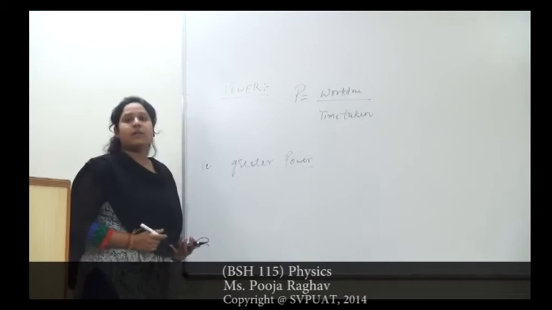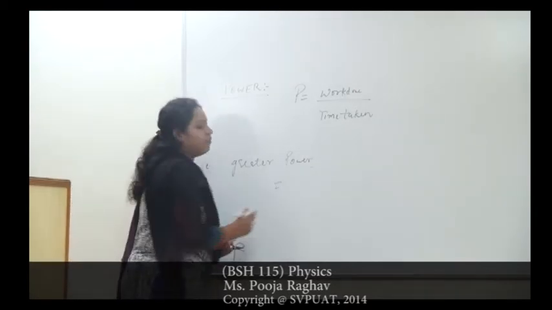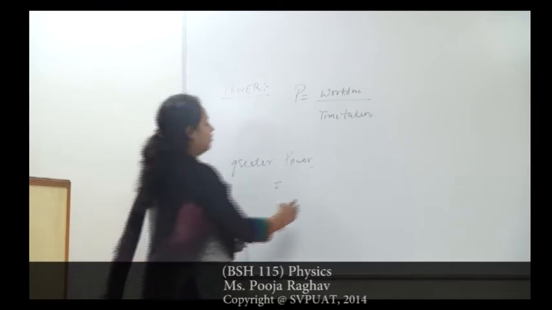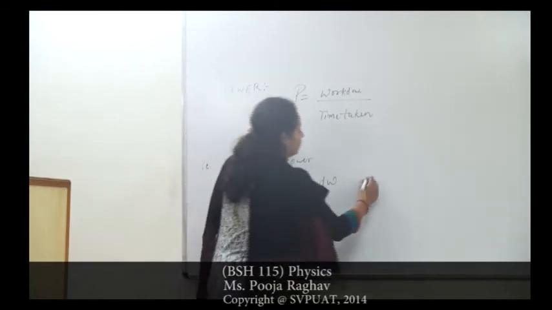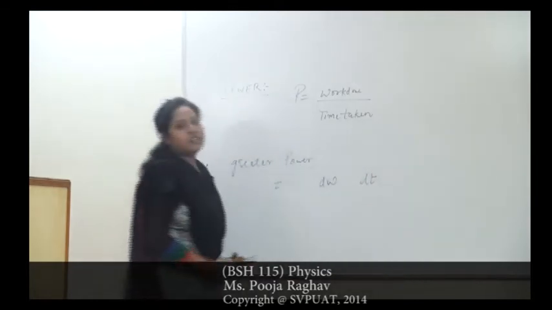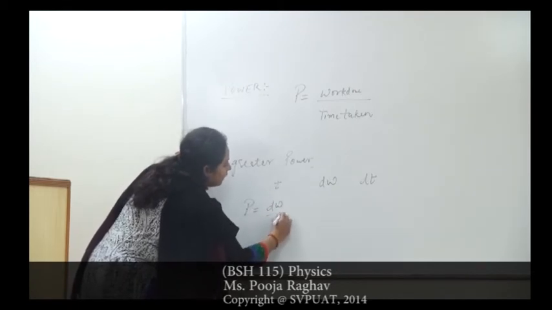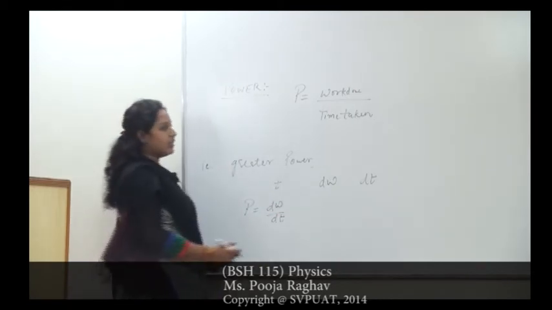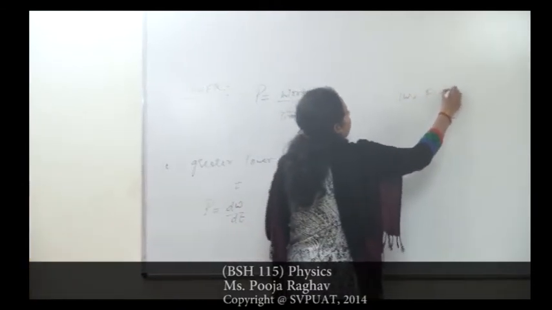If we calculate the power at an instant of time t, then we take small work done dW and small time interval dt. Then power is defined as P equals dW upon dt. We know that work done dW equals F into ds.